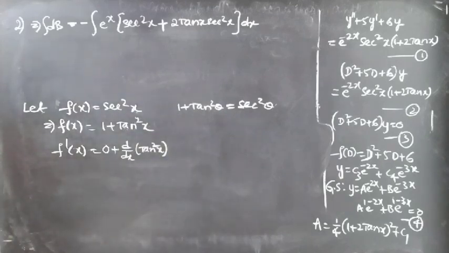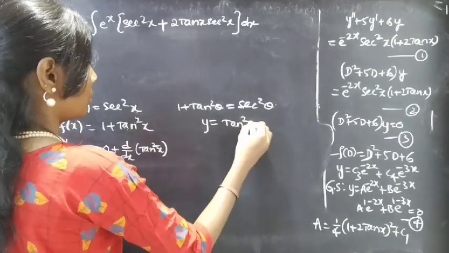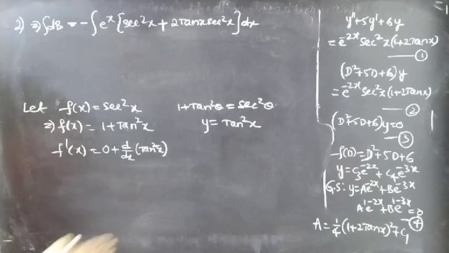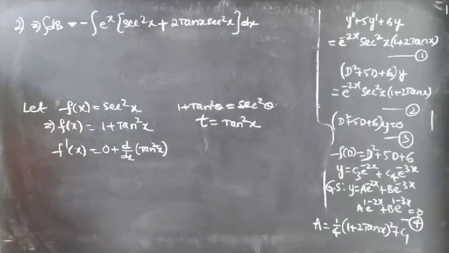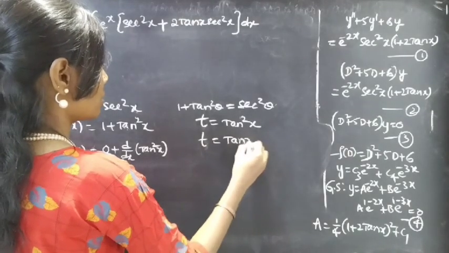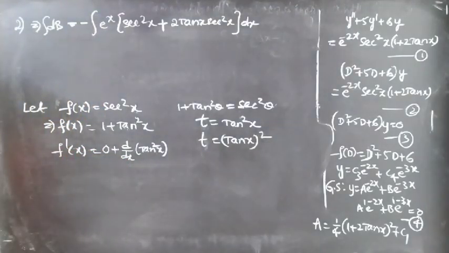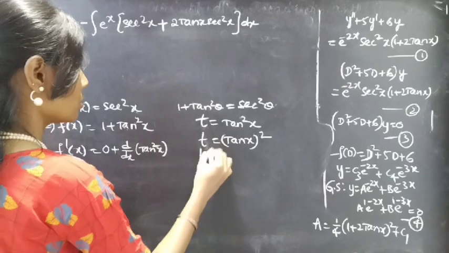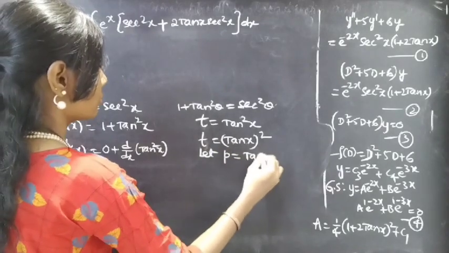Okay, so we'll find the derivative of tan square x using the chain rule. Let's take t equal to tan square x, or I'll write it as tan x whole square, and let p equal to tan x.